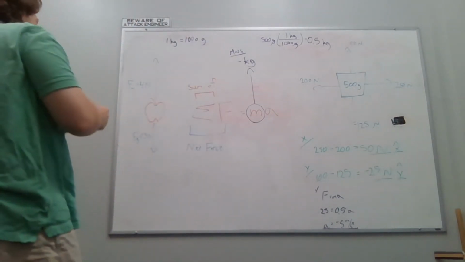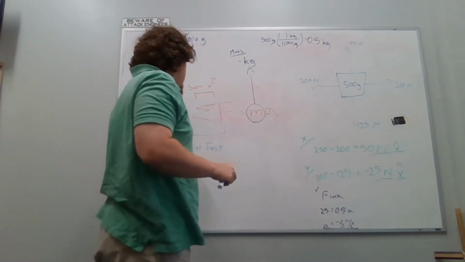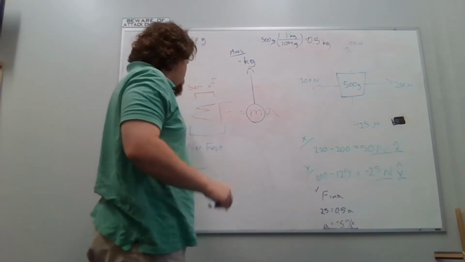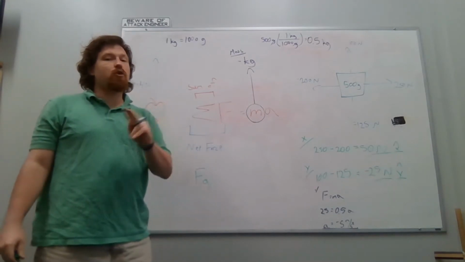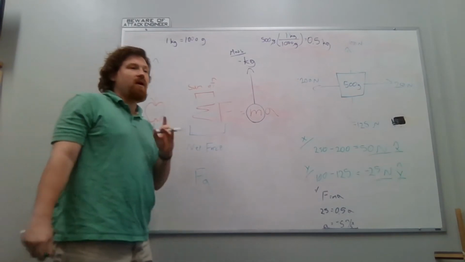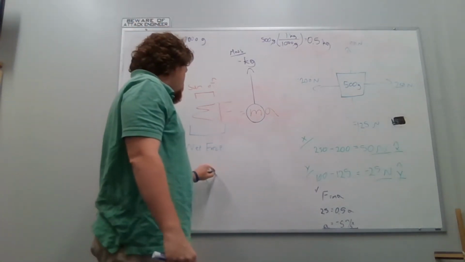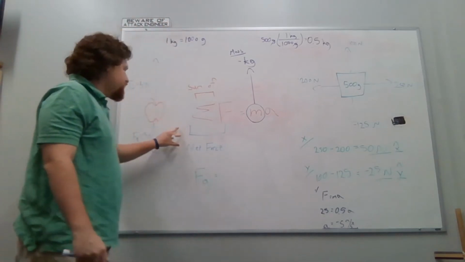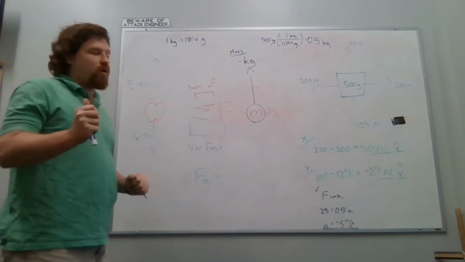The way that you find the force of gravity acting upon an object is with the same formula. I'm only going to change two things to tell you how to find the gravitational force, the weight of an object. So instead of adding up every single force on the object, we're only trying to find one force.